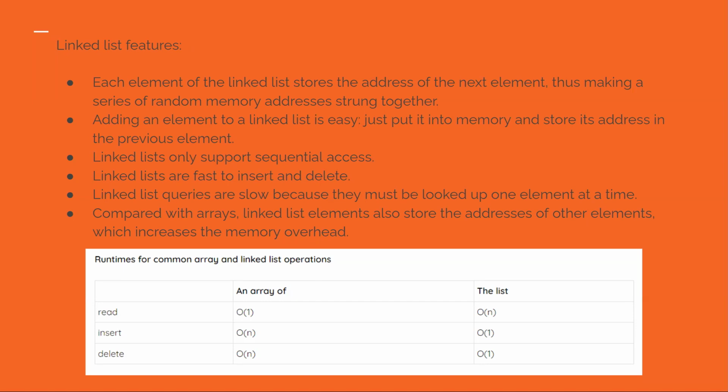Linked list queries are slow because they must be looked up one element at a time. Compared with arrays, linked list elements also store the addresses of other elements, which increases the memory overhead.